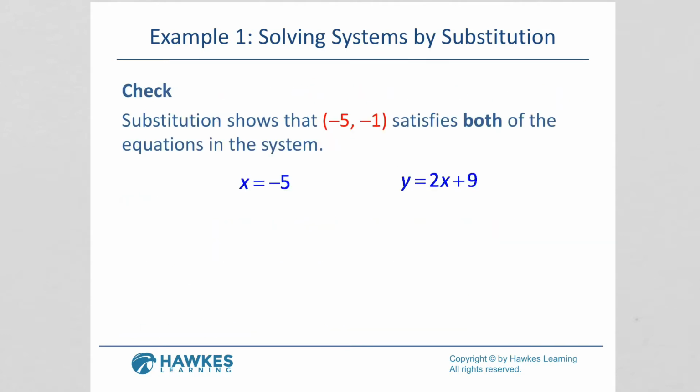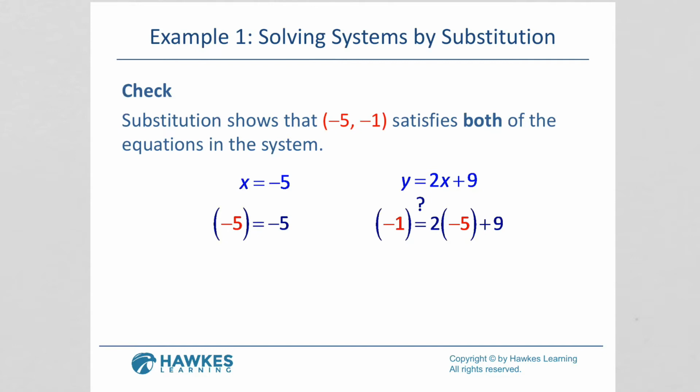Check. Substitution shows that -5, -1 satisfies both of the equations in the system. So our first equation was x equals -5. Our second equation, y equals 2x plus 9. Plugging in the ordered pair, which in the first equation is just plugging in the x value, we have -5 equals -5.